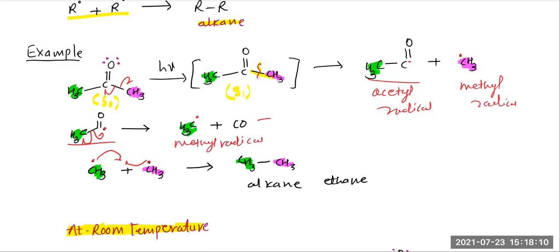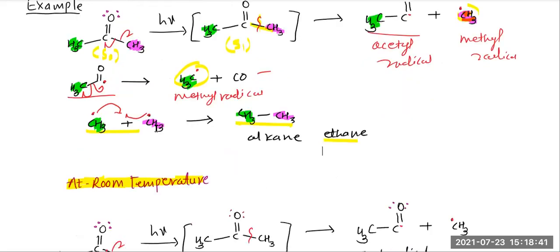In the last step, this methyl radical and this methyl radical recombine to form a neutral molecule that is nothing but ethane, right? So this is the Norrish type 1 photochemical reaction. Here it is a simple ketone molecule, and this alpha group is going to be cleaved, right?